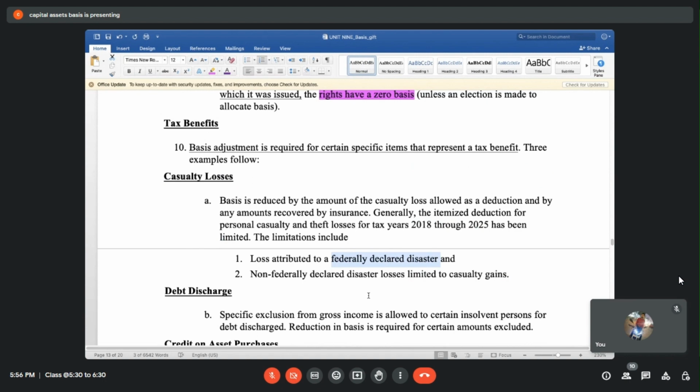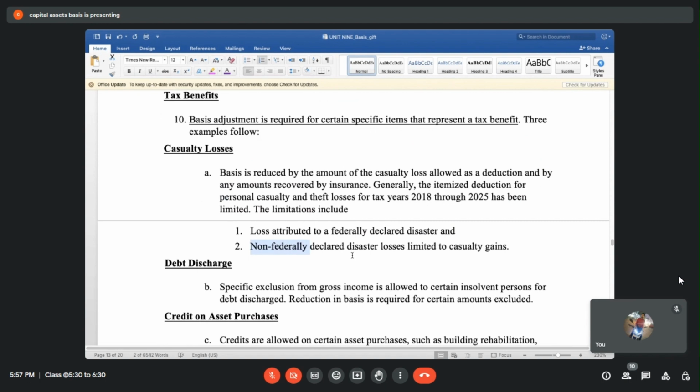If the government has declared that there is a disaster in this area, that means a natural loss due to different weather conditions, or something which is not controllable by man, then they will declare it a disaster area, and we can take that as a loss. Or if there are any gains, then the loss can offset those gains if it's non-federally declared.